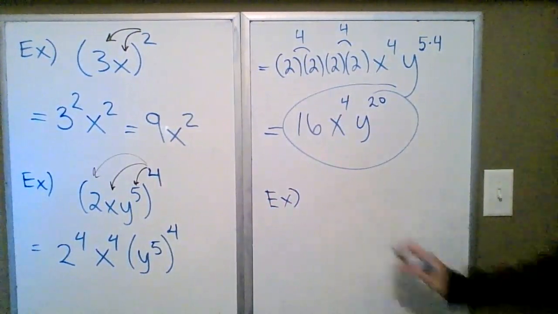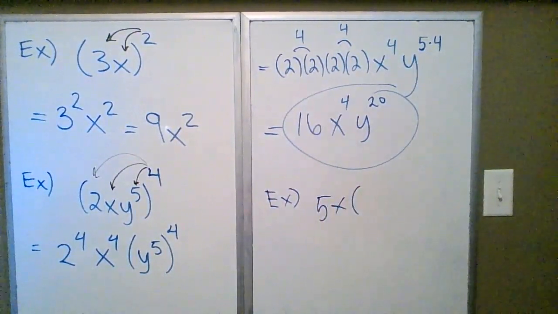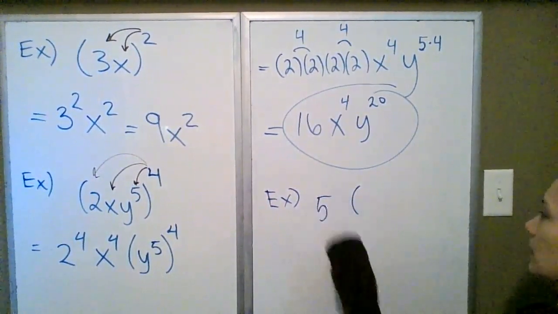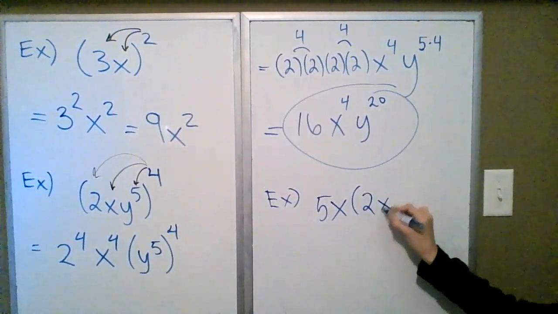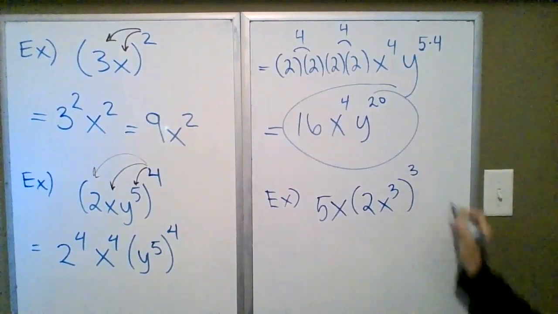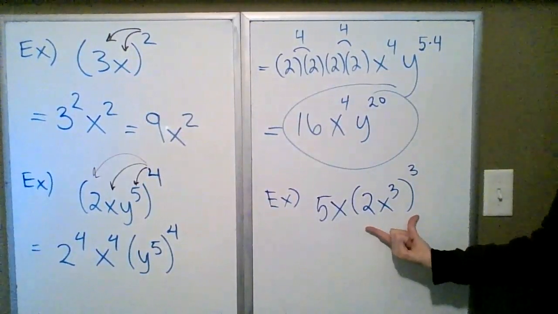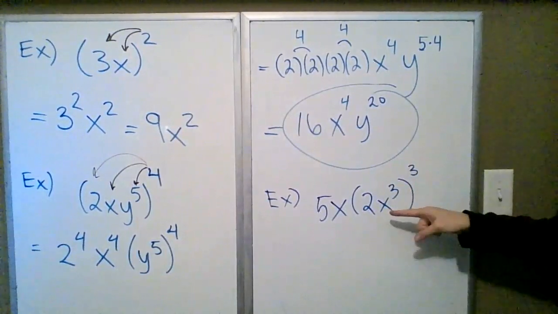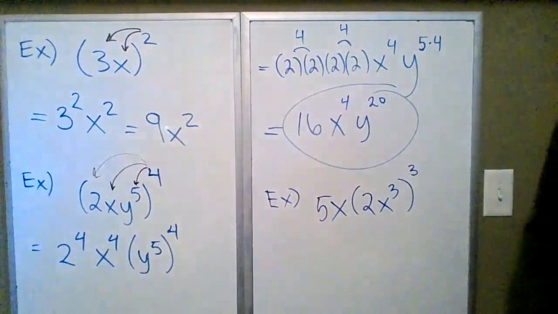How about we go with 5x times 2x cubed, and cubed. So I want to work on this piece first. We're going to cube 2 and we're going to cube x cubed.